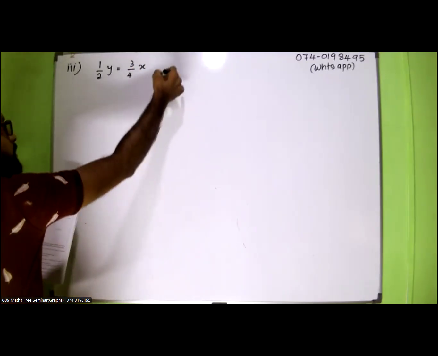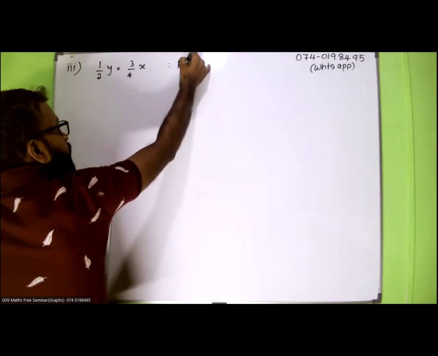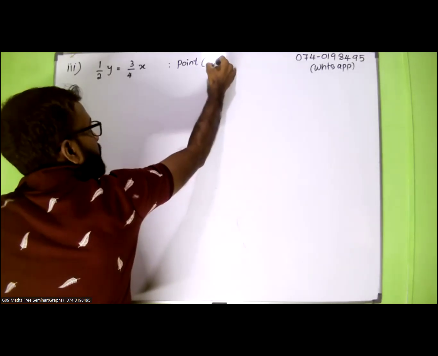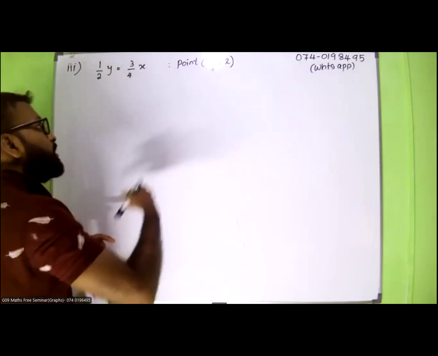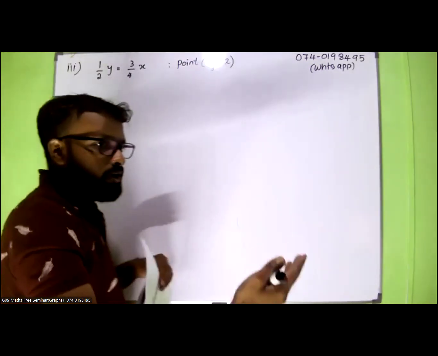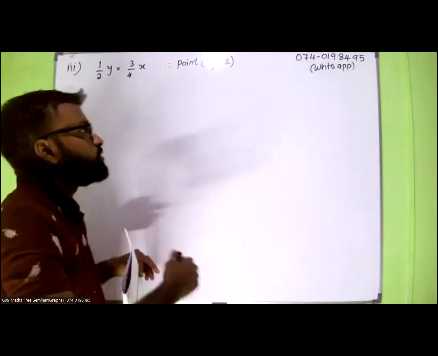Then you have this point, 8 upon 3 comma 2. You have to show whether this point is on this line or not. In other words, whether this point satisfies this function or not.